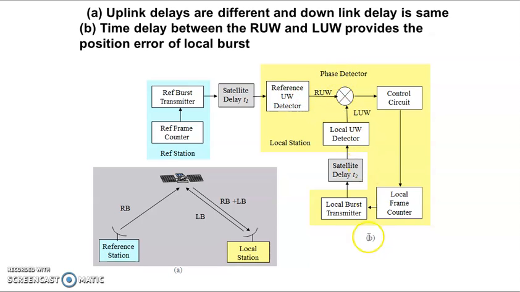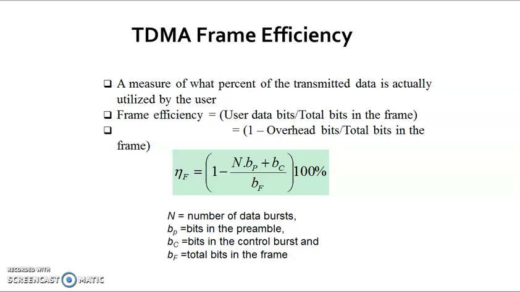Then at the transmit side, there is a satellite delay from whichever local station we have, and the local unique word. So we can identify the efficiency of a TDMA format based on the delay, how much time is required for a complete path.